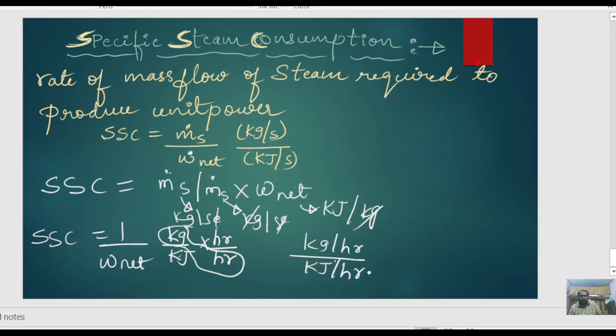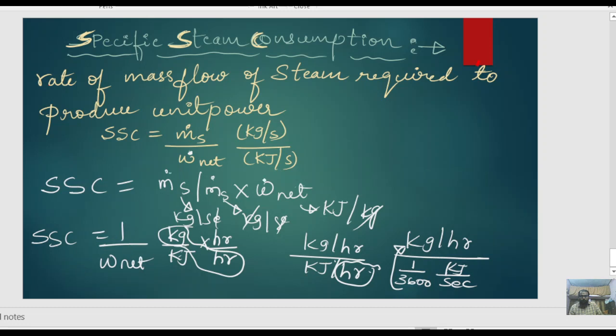We have to convert this hour into seconds: 1 hour contains 3600 seconds, so kg per second is left with 3600 going upside.